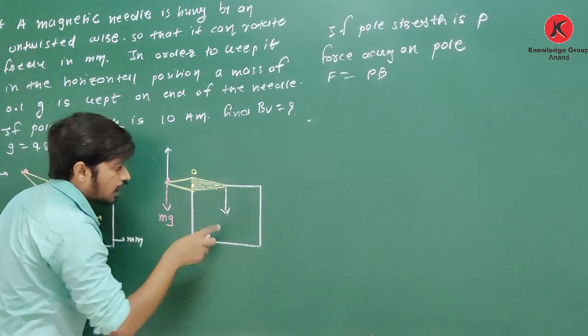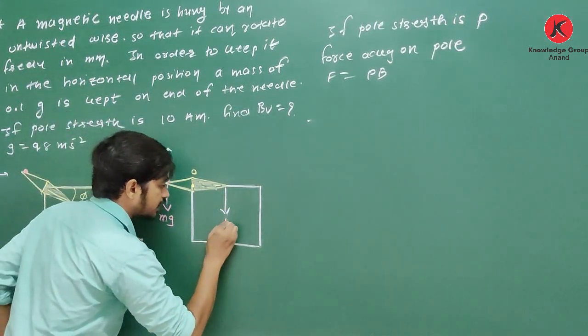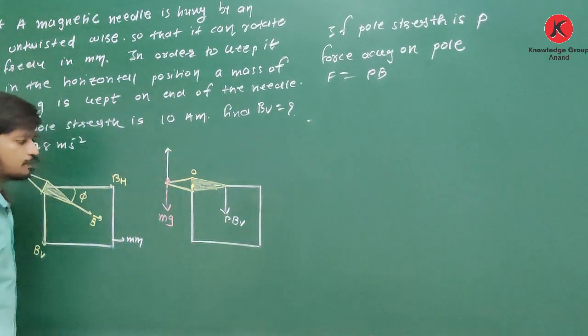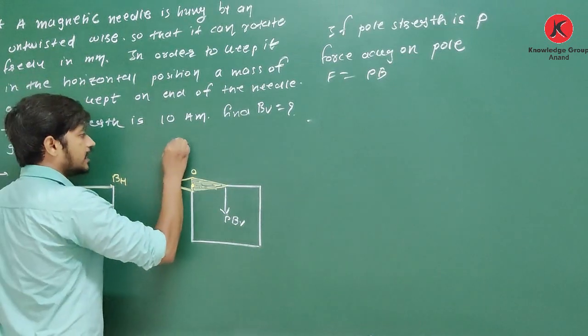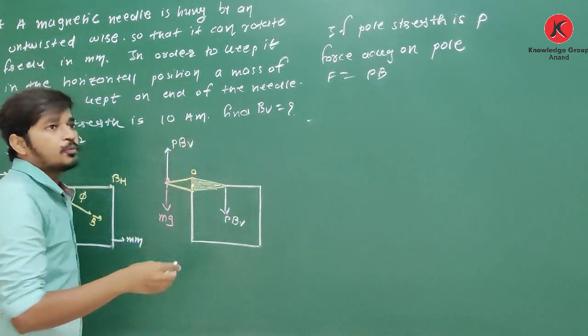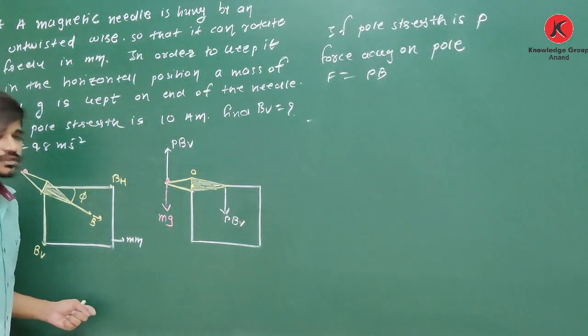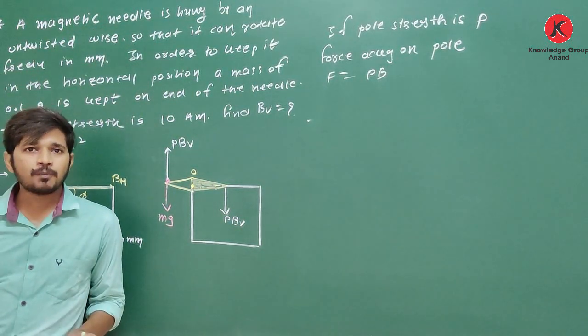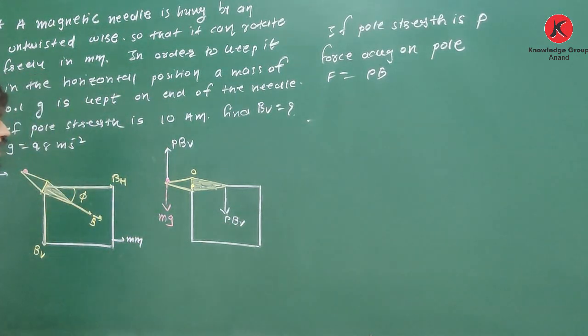Here on this pole, the force is due to the vertical component of Earth's magnetic field, so it is PBv. On this pole too, the force is PBv, because the pole strength is the same and the magnetic field of Earth is also the same. So three forces are acting: PBv, PBv, and mg.